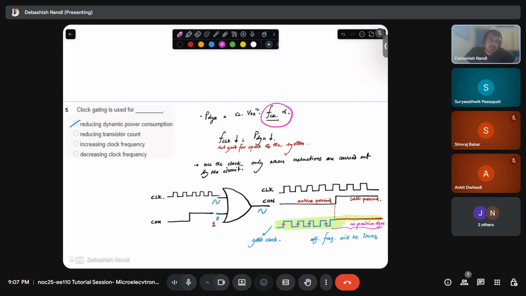However, if it is level triggered, then it will be a difficulty. This is also one of the reasons why we prefer edge triggering over level triggering, okay? Is it clear, what is clock gating?